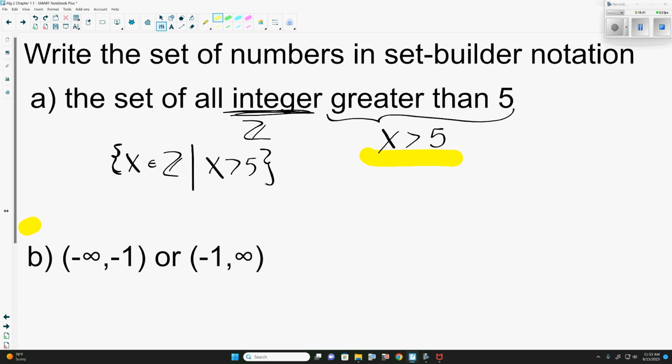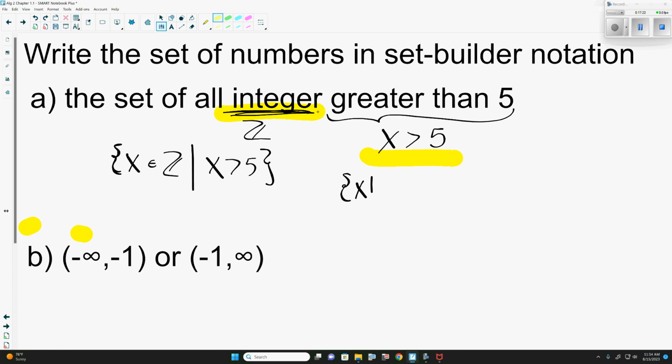Any questions? Now, there is another way we can write this, because probably at some point you're going to do these and check what the book says. The book is going to give you something different. And it's not that this is wrong and that one's right. This is, I would say, a more mathematical, pure math way to write it. If you go into higher level pure mathematics, they're going to default to this more than what the textbook has. What the textbook has is going to tell you brace X bar. It's going to have this every single time. The set of all real numbers such that, we said what?